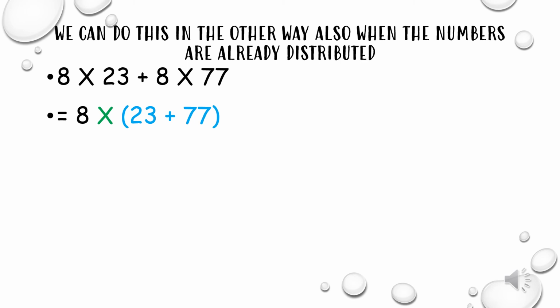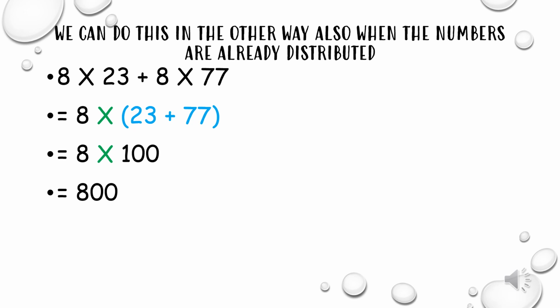Now you have to add 23 and 77 here, which will give you 100. Oh wow, it's very easy to multiply 8 times 100. So 8 times 100 will give you 800.